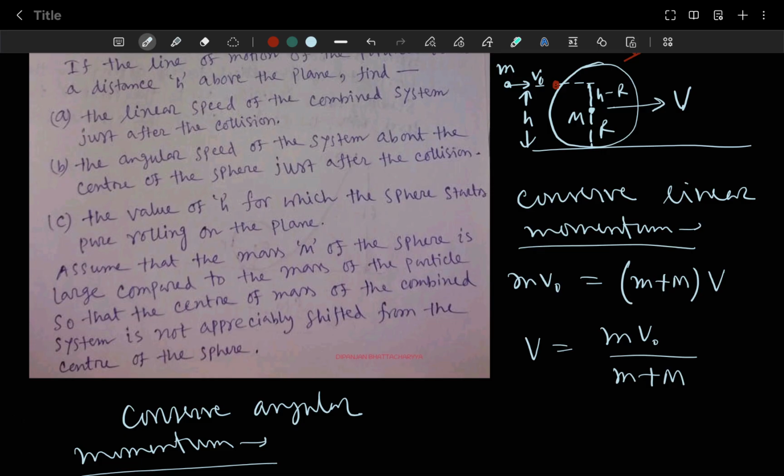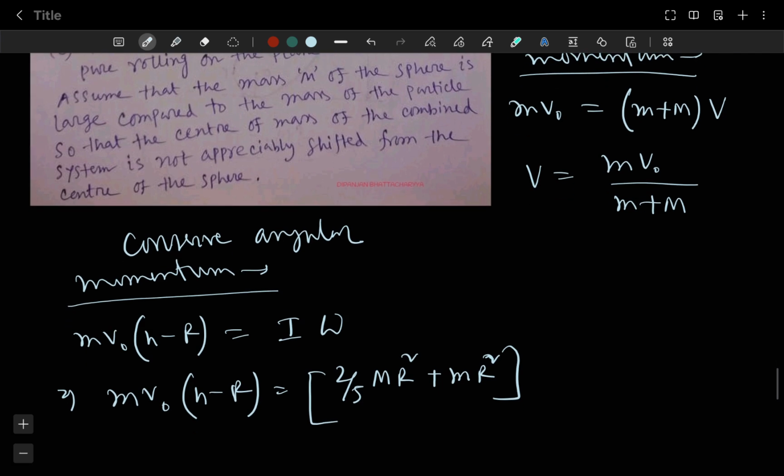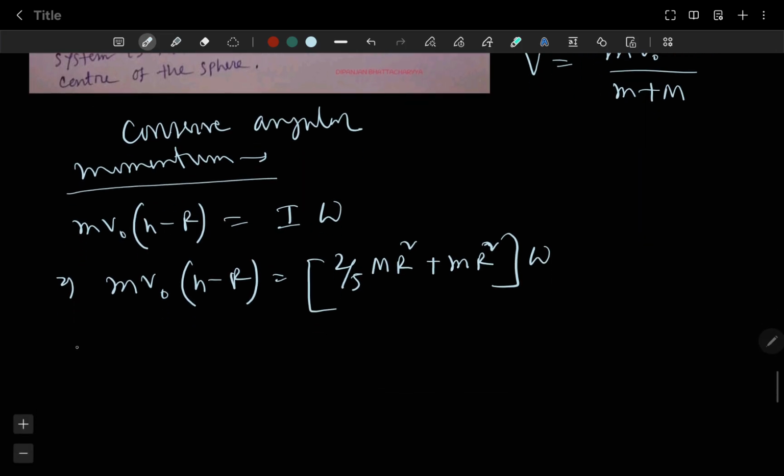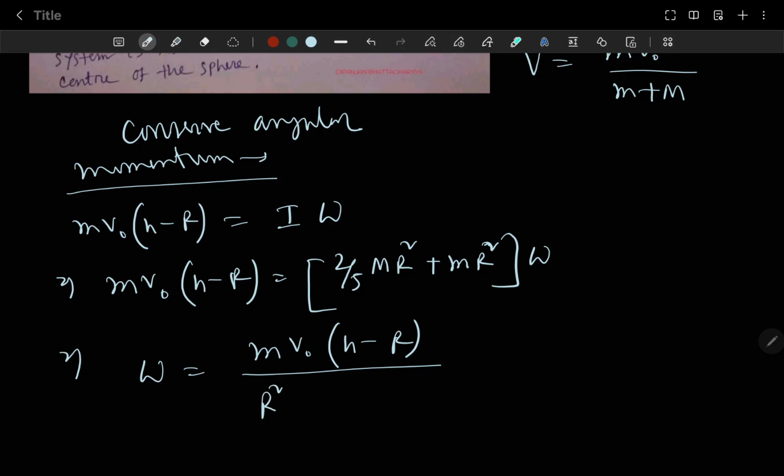So about an axis passing through the center, the point particle small m is at a distance capital R, so it is m r square, the total moment of inertia of the system. We got it like this into omega. So omega will be mv0 (h minus r) divided by r square (2 by 5 capital M plus small m).